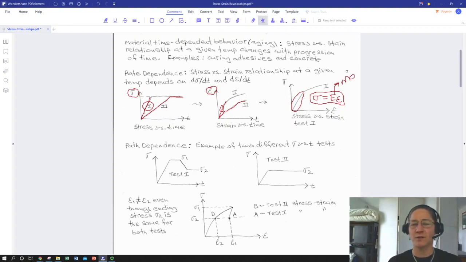So that is the elastic modulus. And so this linear area on the stress versus strain curve is known as the elastic area. And this curve actually is stretched out a bit.